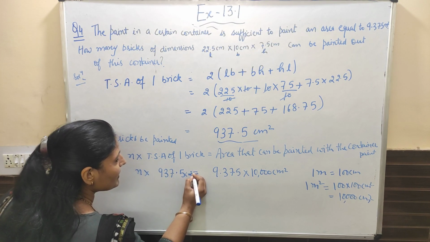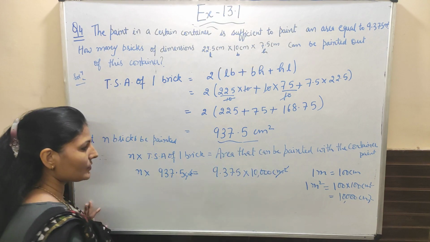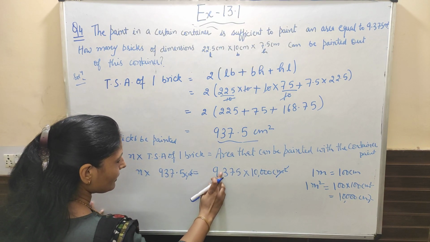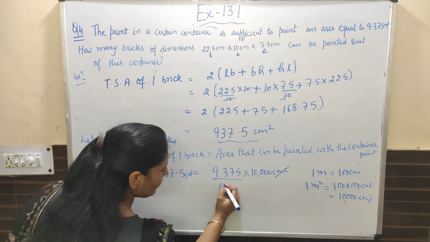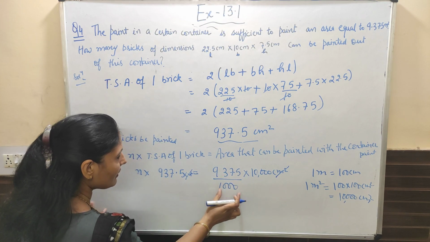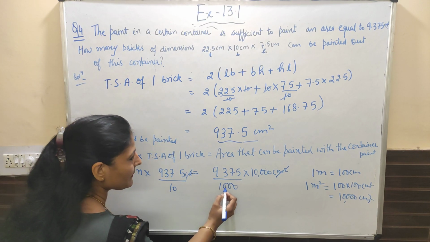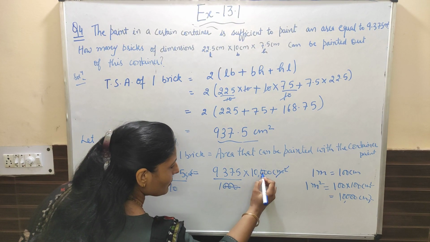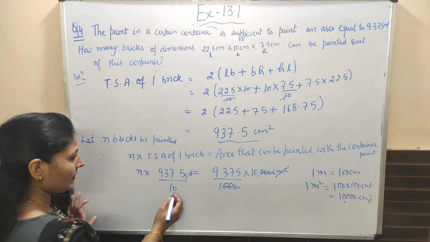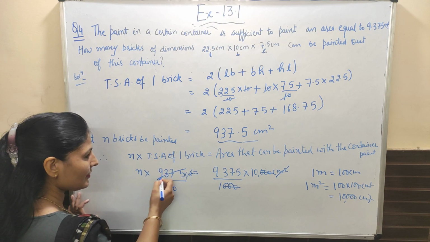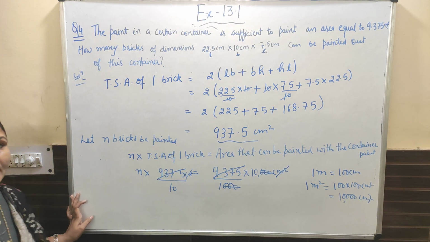Here also we have centimeter square, so centimeter square cancels out. We remove the decimal, 1000 because there are 3 digits. Again here also we remove the decimal. 30 cancels with that, and then 9375 is also cancelled out.